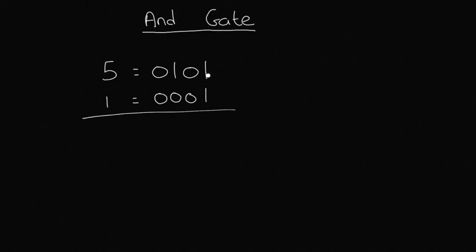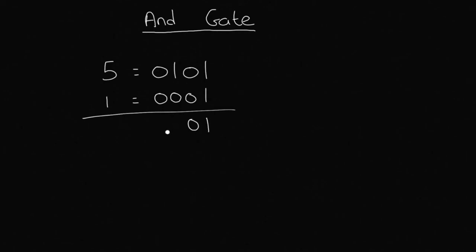So again, we're going to look at these two values here in this column, and we can see 1 and 1 will give us an output of 1, and we can see 0 and 0 will give us an output of 0. Now we can see in this we have a 1 and we have a 0. Now in our OR gate, all we needed was one of our values to be 1 to be able to bring down a 1 here to create our new binary number.